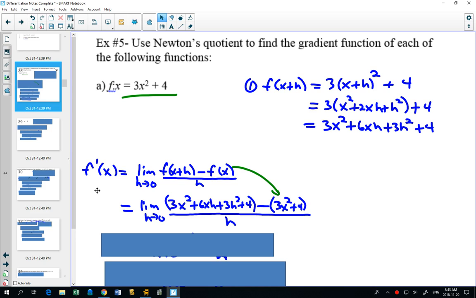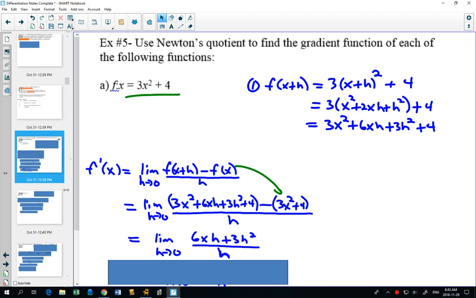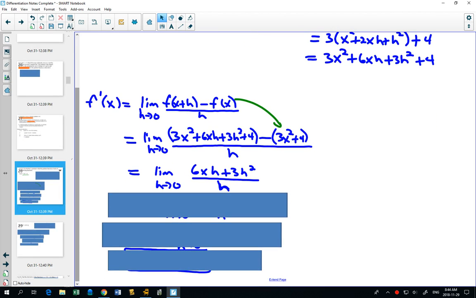Now our goal when finding the derivative using the definition is to evaluate the limit. Evaluating the limit right now, if I would plug in 0 for h, I would divide by 0. So that's a bad thing. So we simplify the equation, and the top simplifies to just 6xh plus 3h squared.